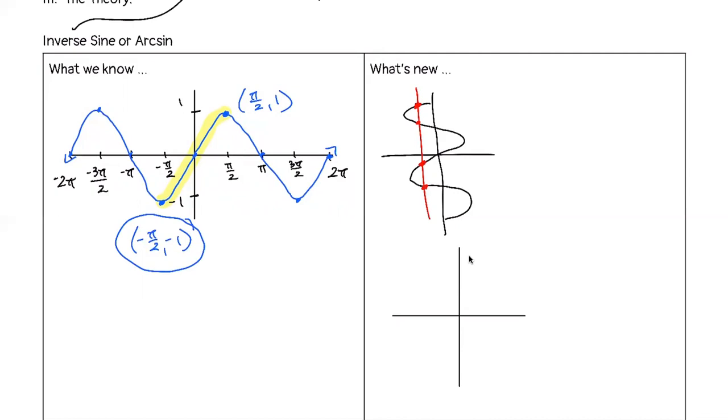And so if I label my inverse graph, I'm going to go from -1 to 1, and from pi over 2 to -pi/2. And so my first point will be -1, comma, -pi/2. My last point will be 1, comma, pi/2, because I took this point and switched the x and y. And then I can even grab this middle point here too, 0, 0. And so that'll mean that this inverse sine graph goes through the origin, okay?